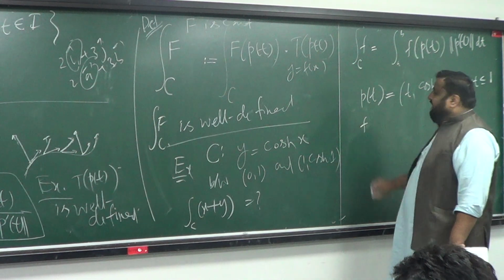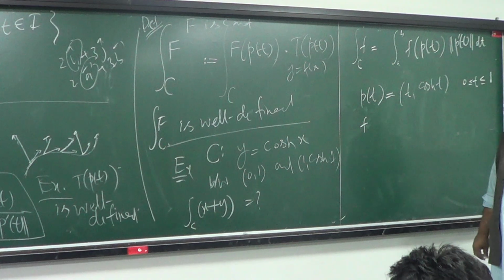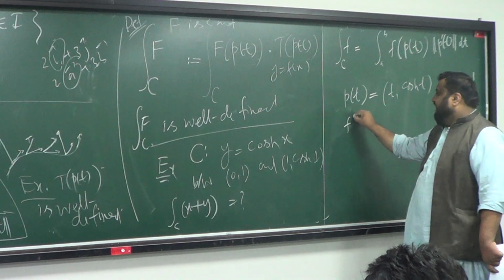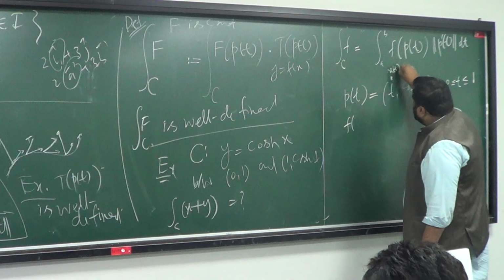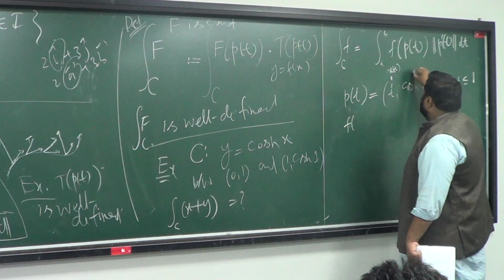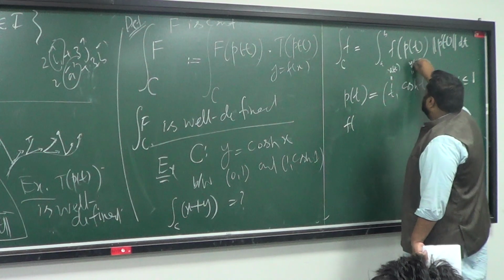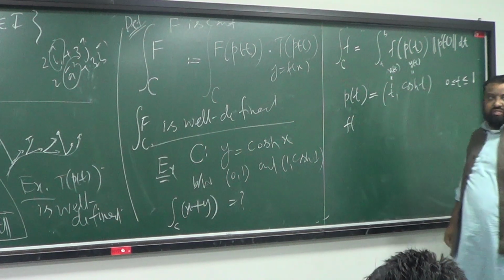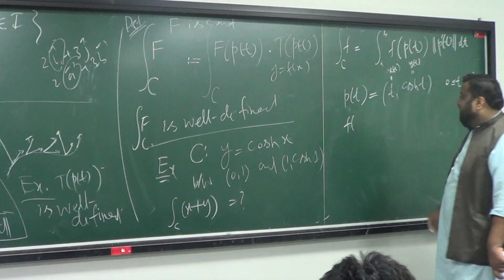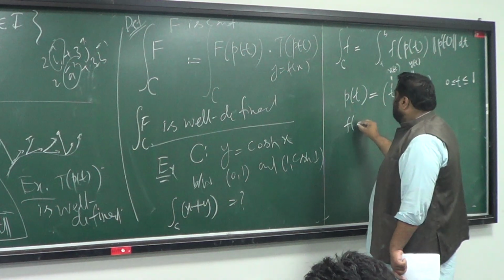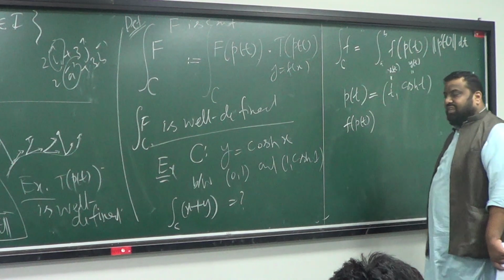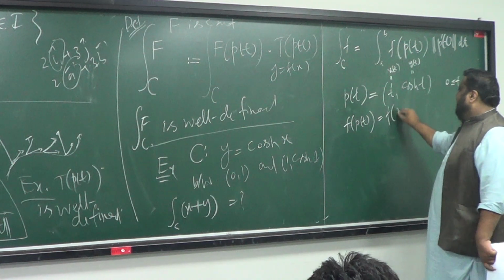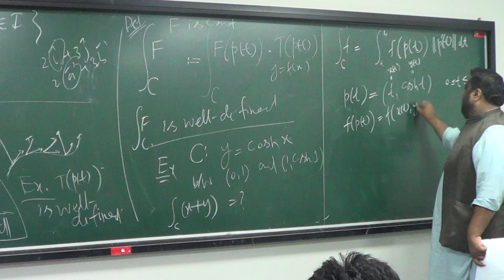Now, what is your vector field? F depends. So this is like your x of t, and this is like your y actually. So that's your y of t. And what is your scalar field? So in other words, what would be f of p of t? In other words, what would be your x of t and y of t?